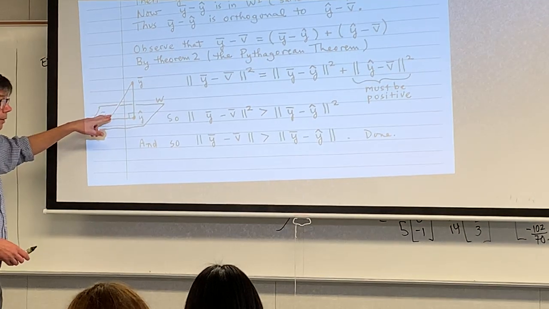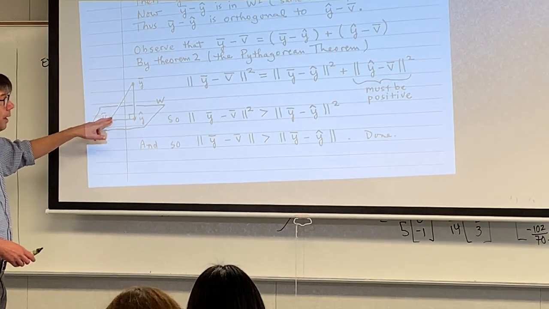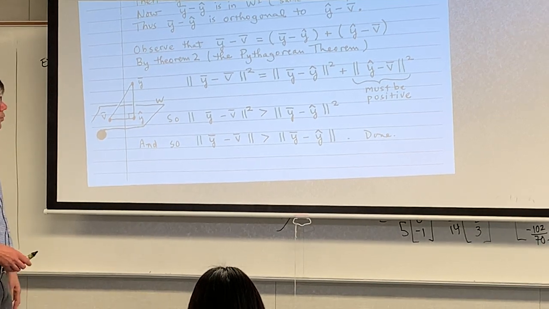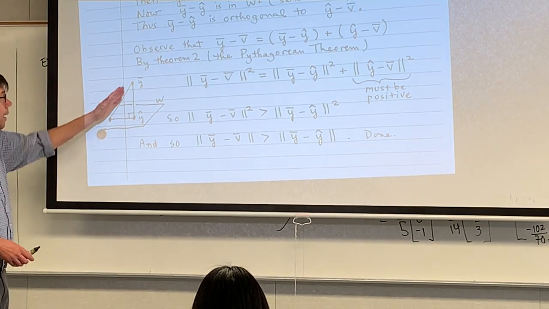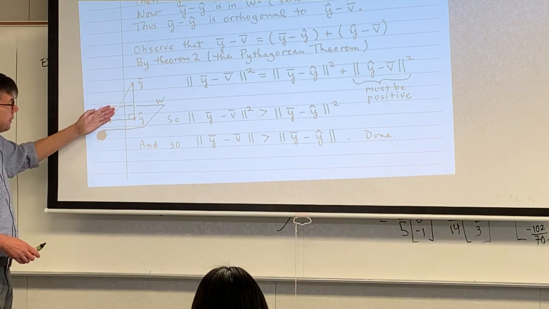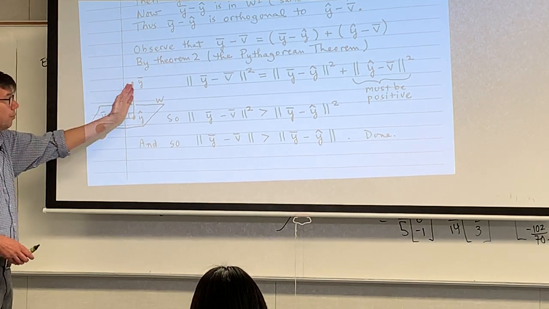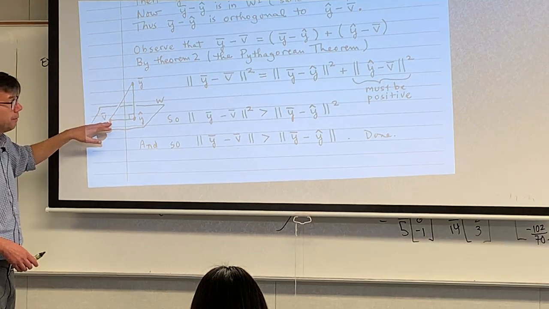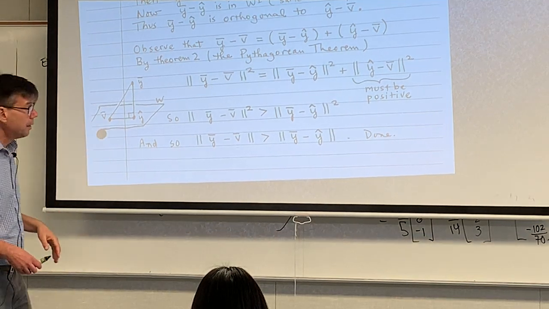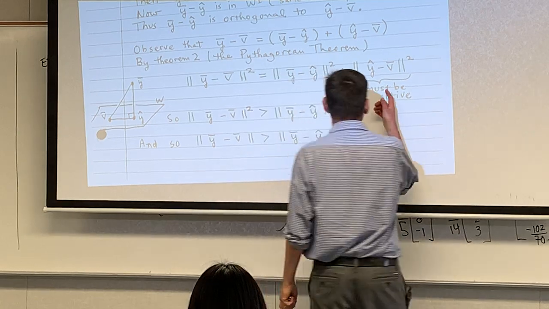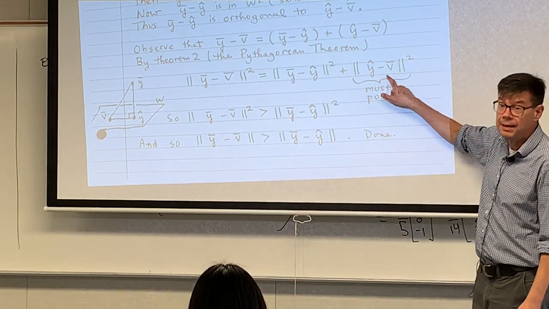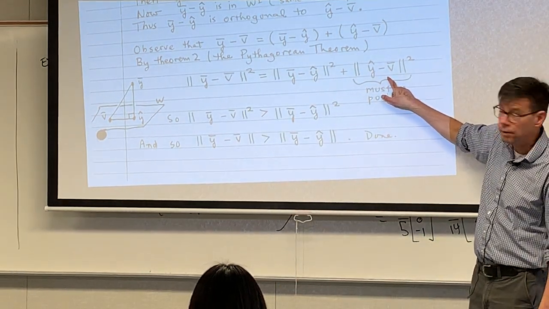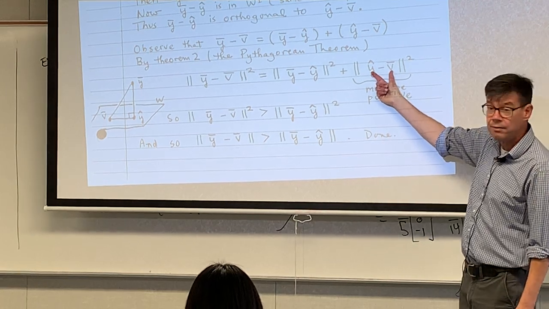And you really do have a right triangle situation here. And so we can say the square of y minus v, so this distance squared, has to equal the sum of the squares of the two legs of that right triangle, right? And when I say must be positive, I mean, what I'm trying to say is cannot be 0, this term, because we said y hat and v were different.